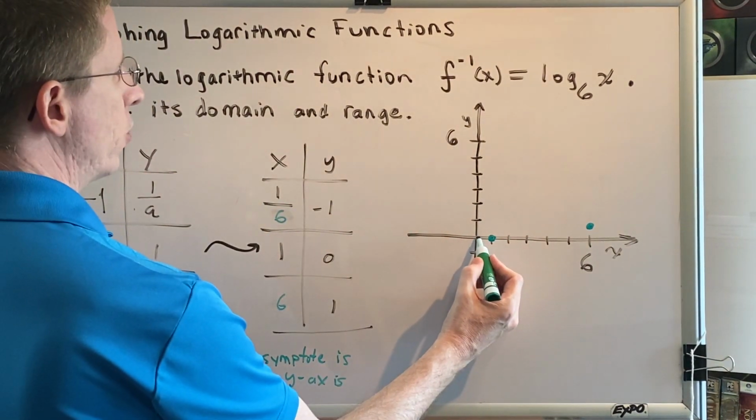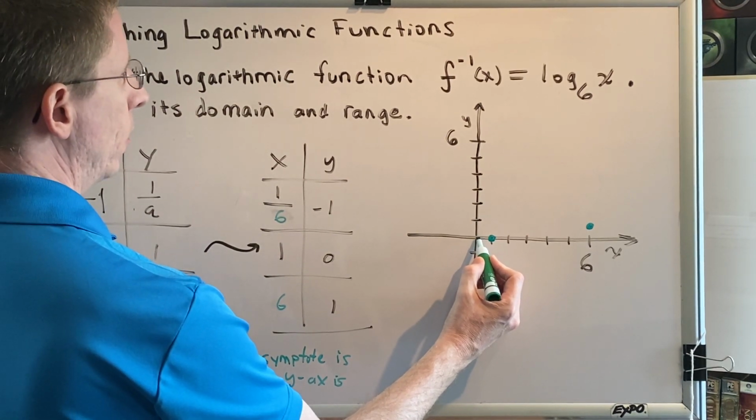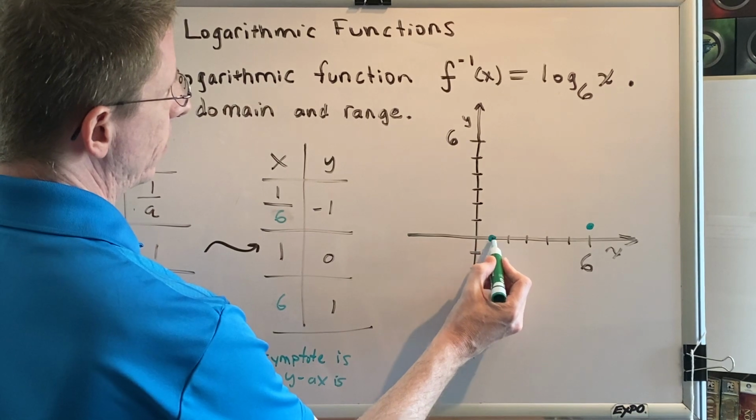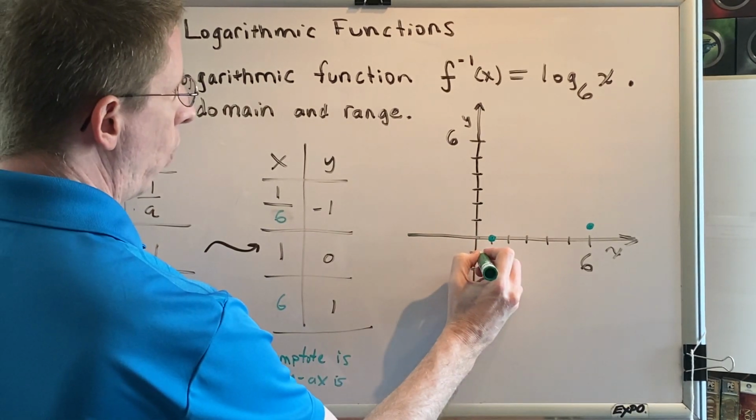That means start at the origin, go 1/6 of a step to the right. So you can imagine dividing this into 6 equal pieces and then just going to the first one, and then down 1.